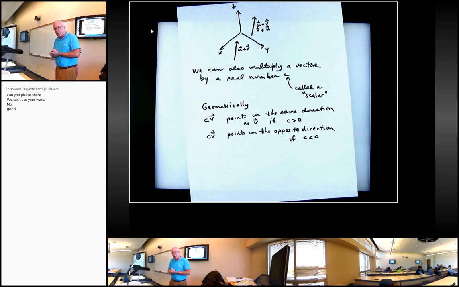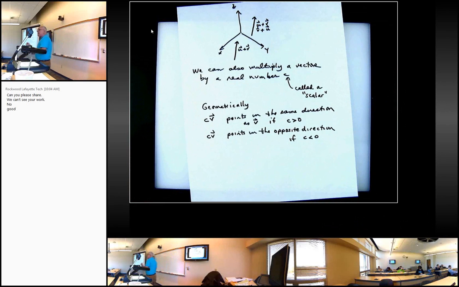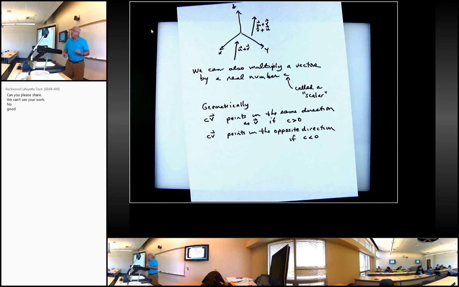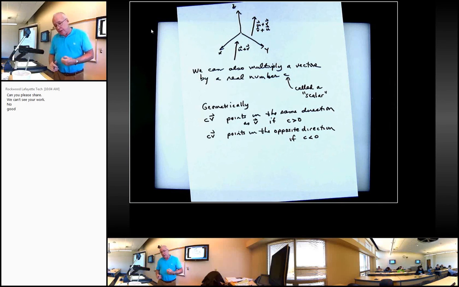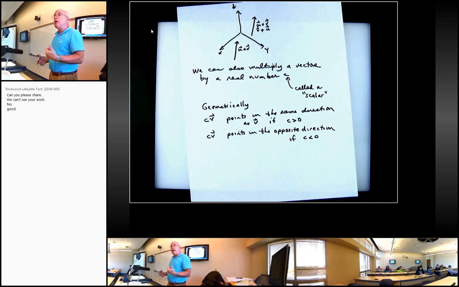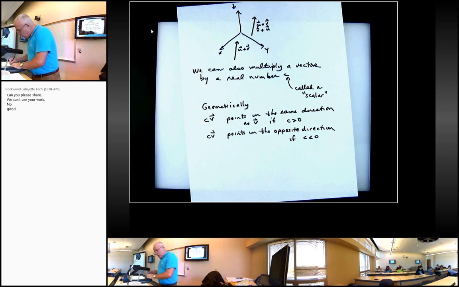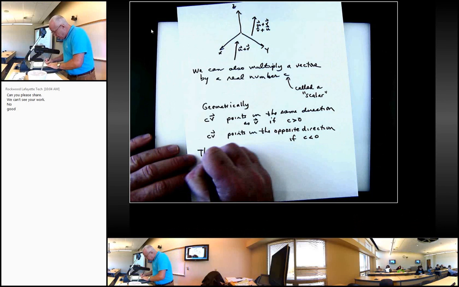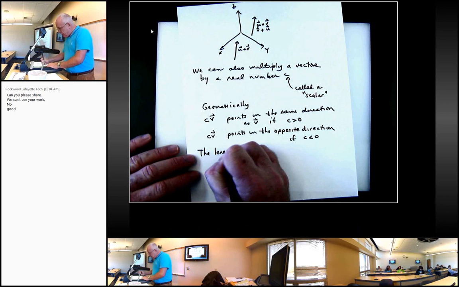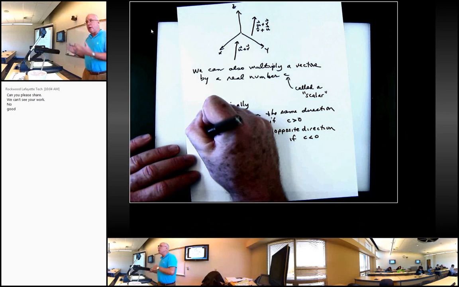All right. Now, we have a new vector, c times v. The length of that new vector is the length of the original vector times the absolute value of the scalar. So these talked about direction.